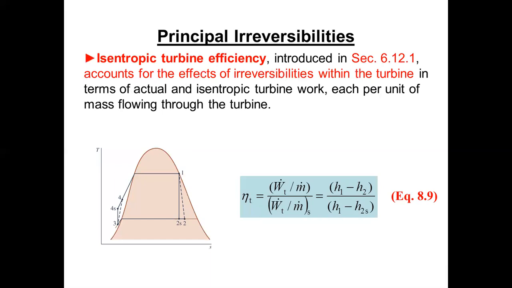You know the entropy at 1, so you know the entropy at 2, and you know the pressure. So you can calculate the enthalpy at 2. You can calculate the quality, I'm sorry, at 2s by going straight down.